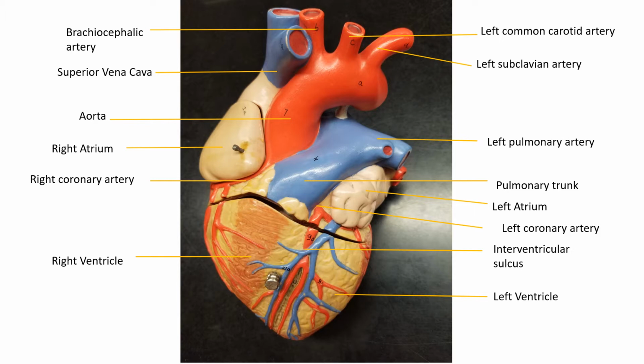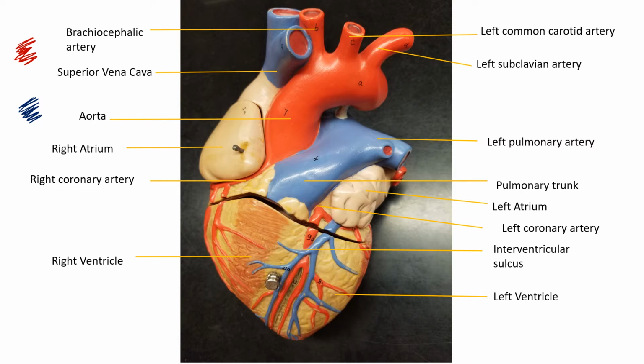I want you to remember that anything in red is typically going to be an artery. And anything in blue, sorry, it took me a second to get that little blue marker, is going to be a vein. This is going to go for most everything except for two things.